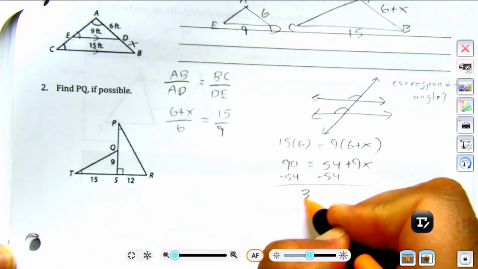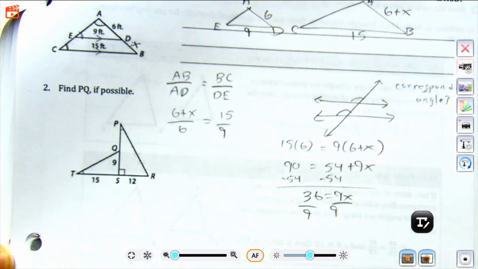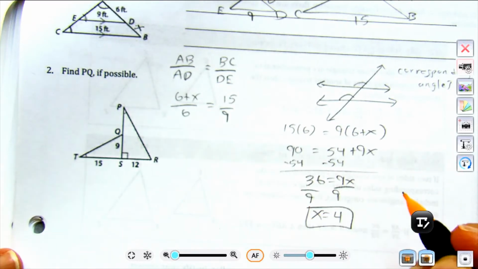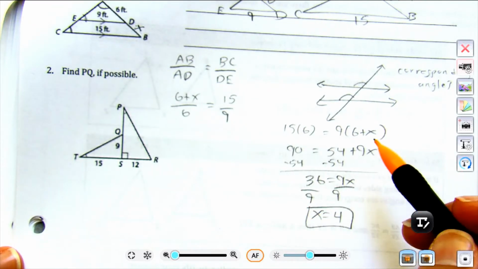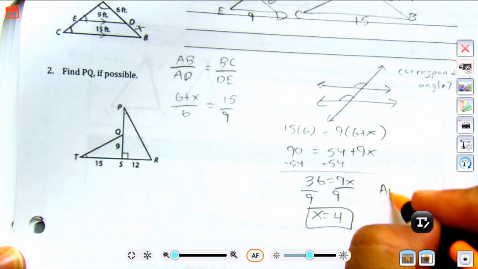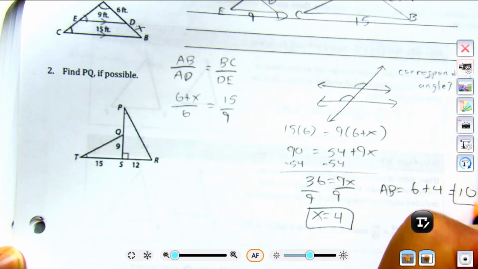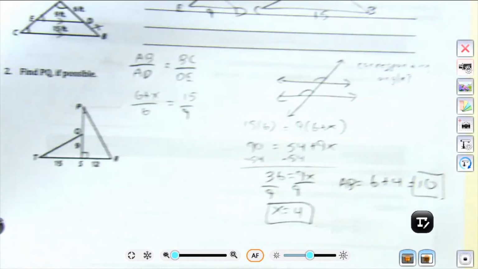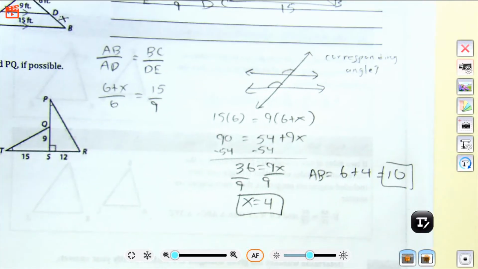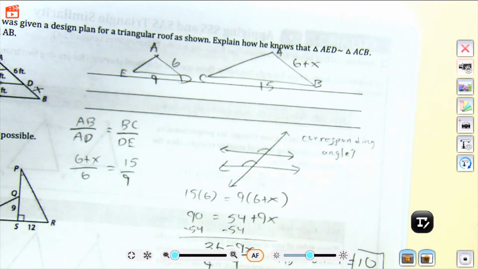Divide both sides by 9, and you get x is equal to 4. But again, that does not answer our question, because our question is, what is AB? So AB is equal to 6 plus 4, which is 10. So again, we use the angle-angle similarity theorem first, and then we're able to use the properties of similar figures.